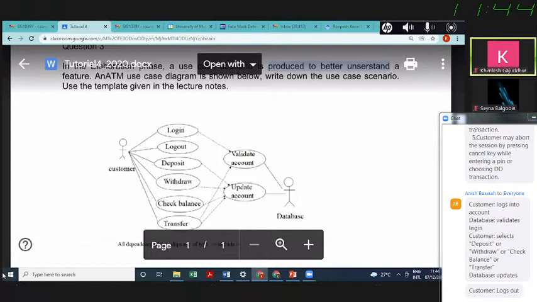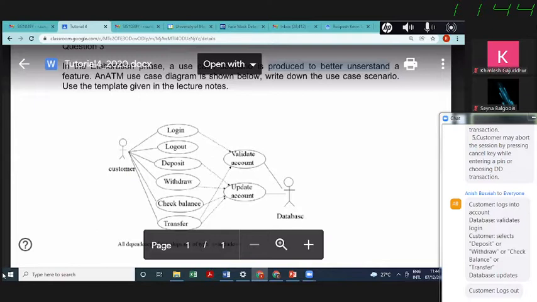System. Only to the system, because the customer cannot update the account. So you have to be careful. You make the link only from update account, which is a process within this box, to the ATM system or the bank system.